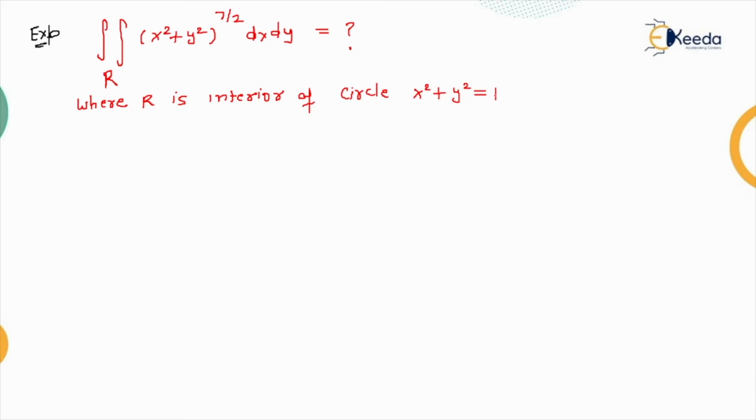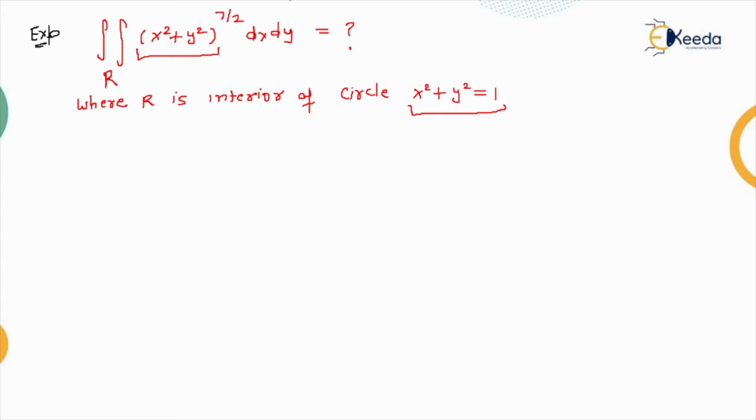Now first of all, we need to observe that the function you have been given is quite similar to the equation of your region. So first of all you have to see this. If the function and the region are both the same, in that case we have to convert this complete Cartesian coordinates to polar.